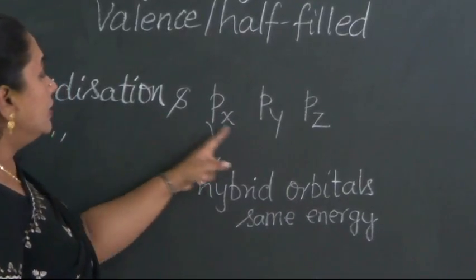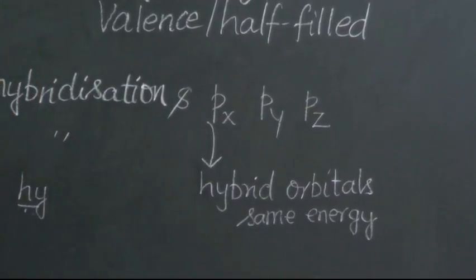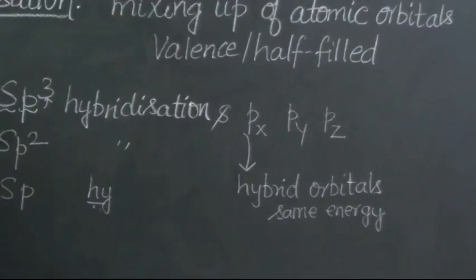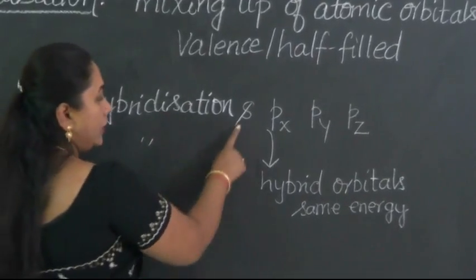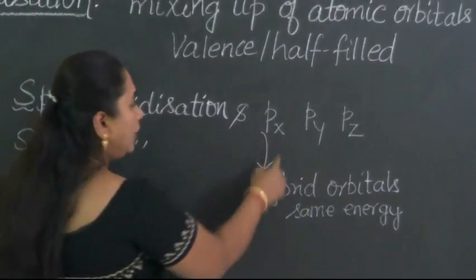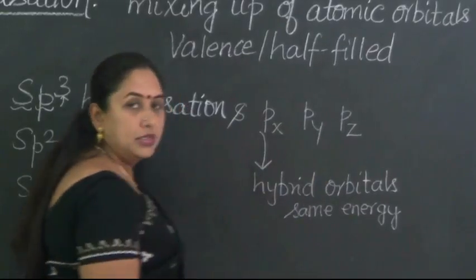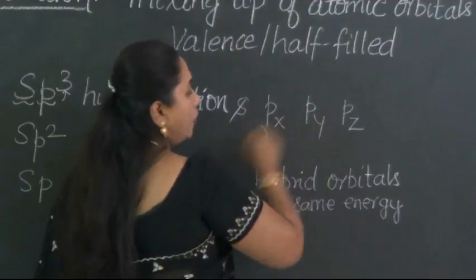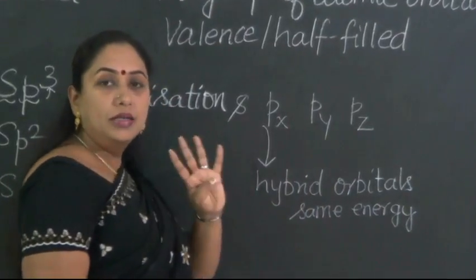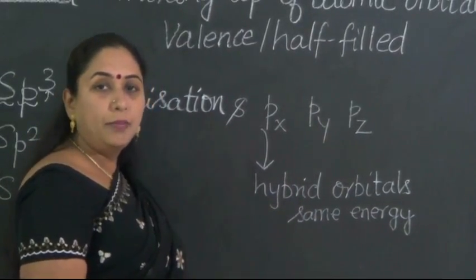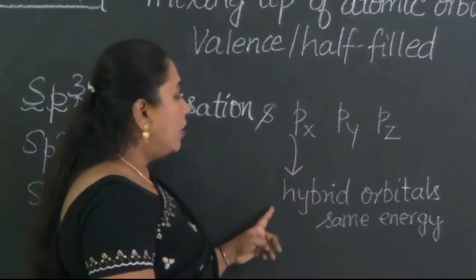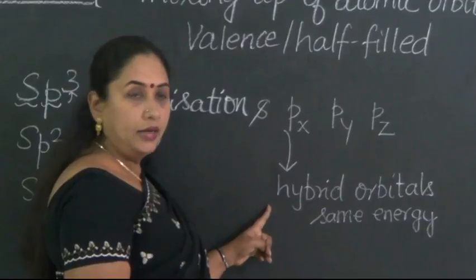Now we can see in this example of SP3 hybridization, there is participation of one s orbital and all the 3 p orbitals. So totally 1, 2, 3, 4 atomic orbitals are participating for the process of hybridization. How many hybrid orbitals will we be obtaining?